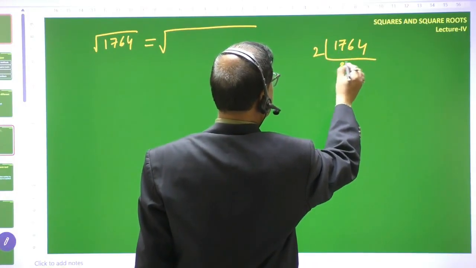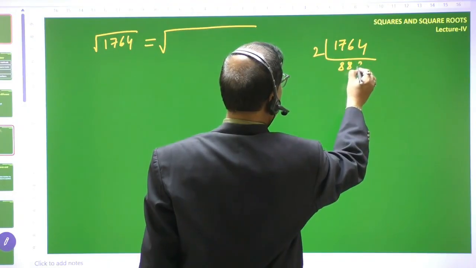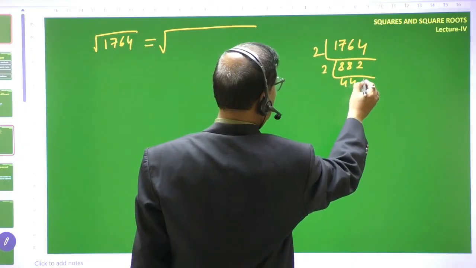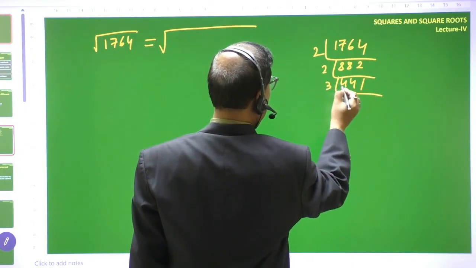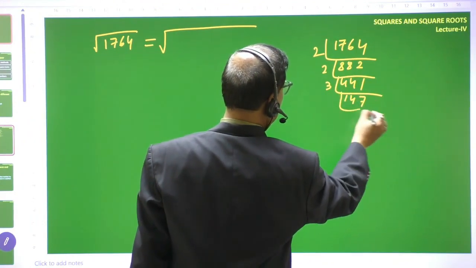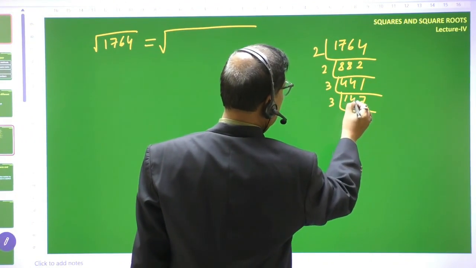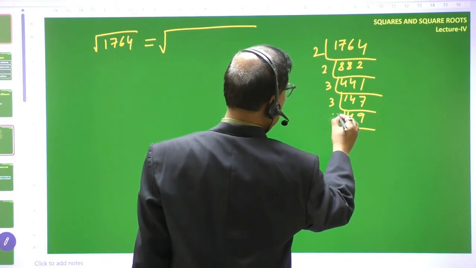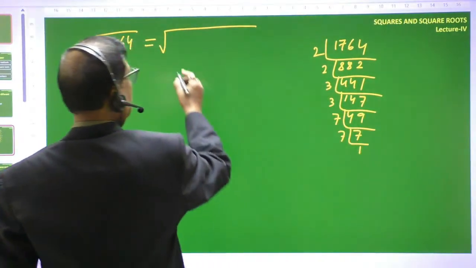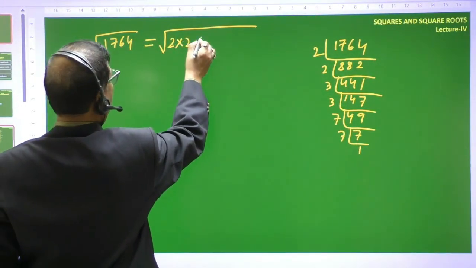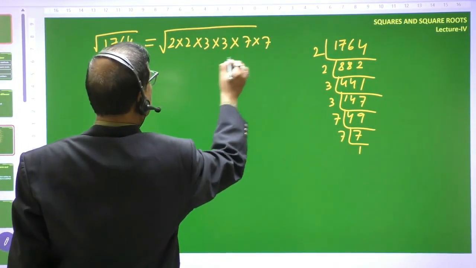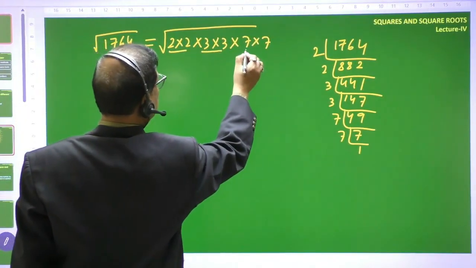First 2, then 2, 3, 3, and 7 into 7. So first pair, next pair, next pair.